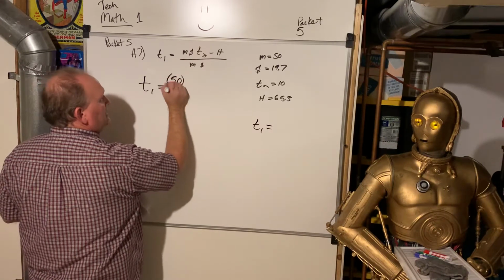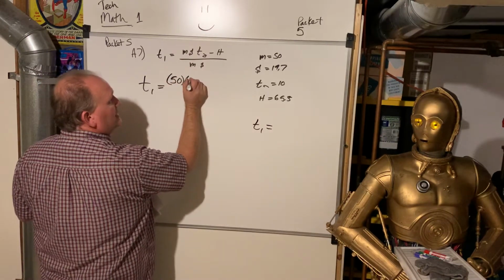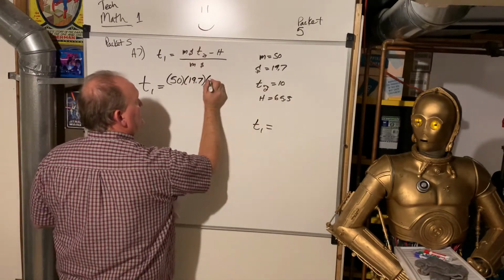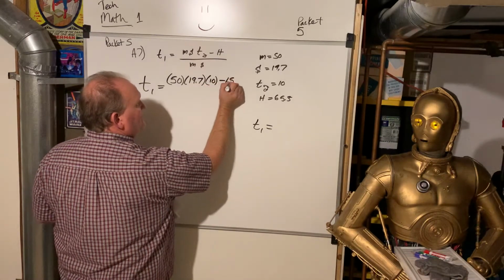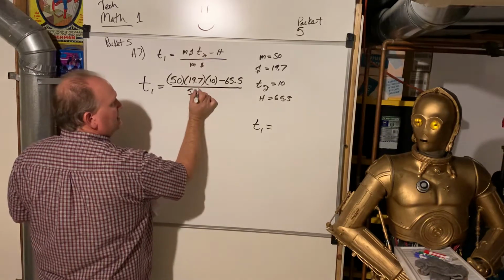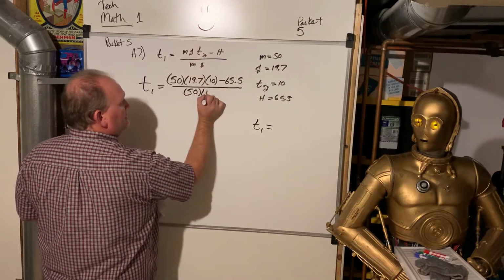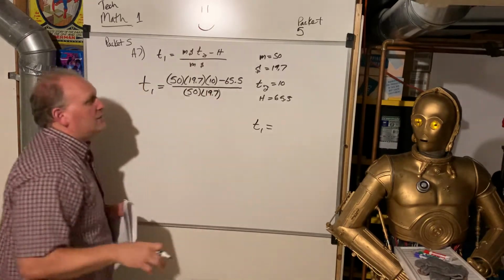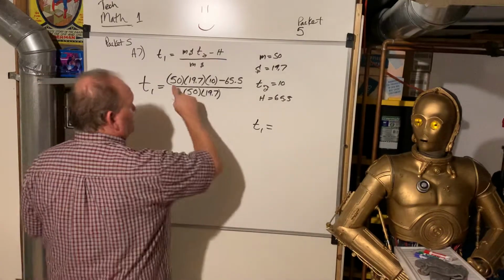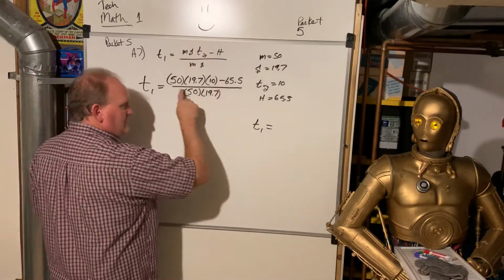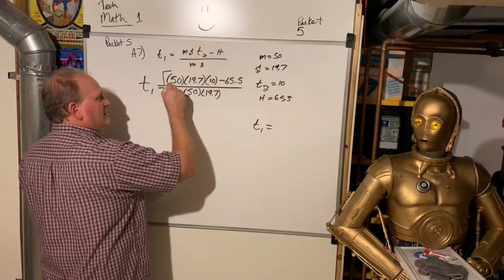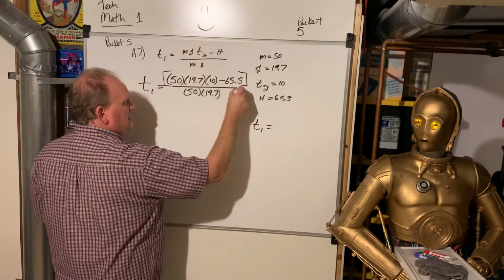So 50 times 19.7 times 10 minus 65.5 over 50 times 19.7. And so what you're going to do, you can put this all in your calculator in one shot. But because there's multiplication and then subtraction and then division and then multiplication again, you would just have to put it in brackets or parentheses and then a divide by.